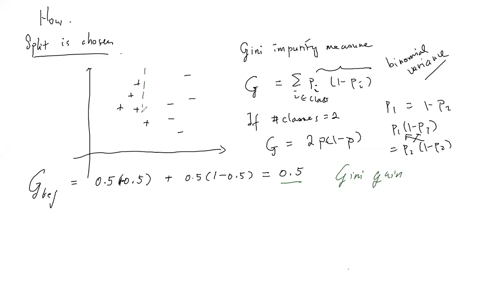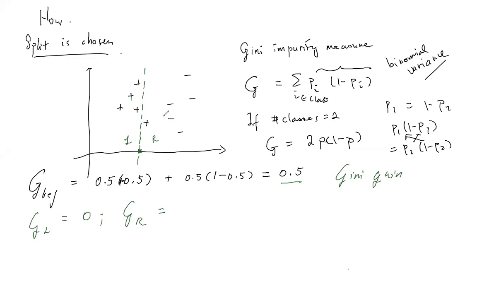If you pick this split here, so this is your left, this is your right, right? So the Gini on the left now, everything is plus, so its impurity is 0, okay? The Gini impurity on the left is 0, so we don't have to go through that calculation anymore. But the Gini impurity on the right, now you see, is not 0, right? Because you got 1 plus here, okay?